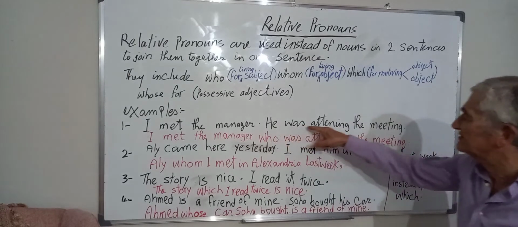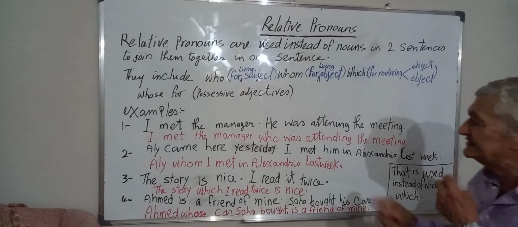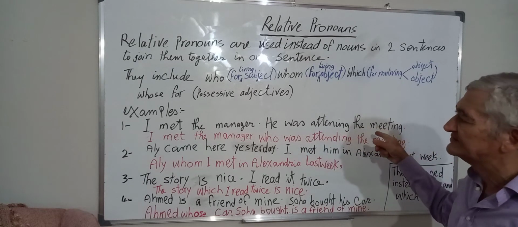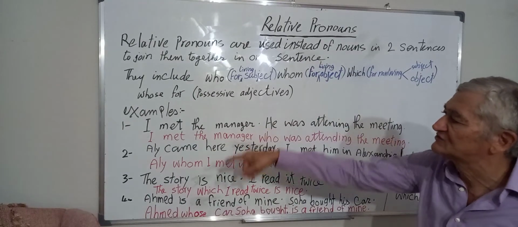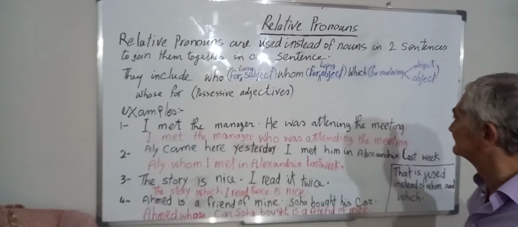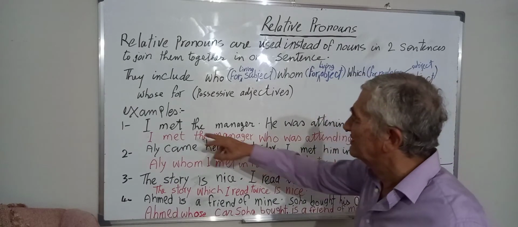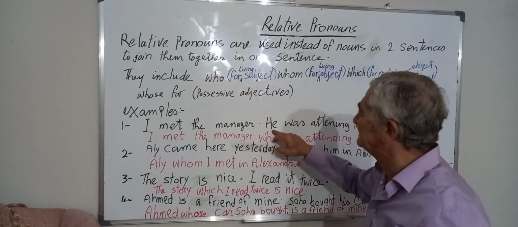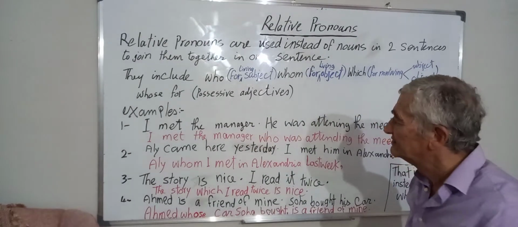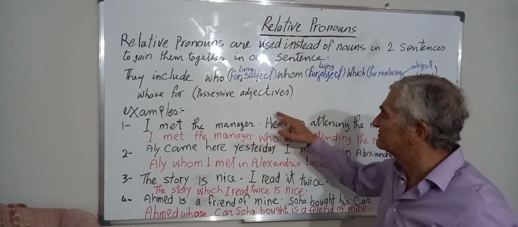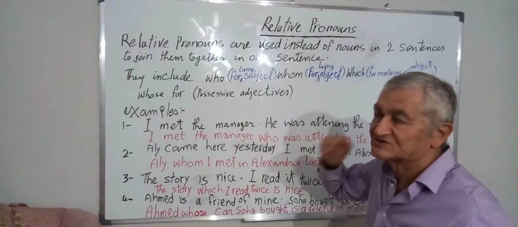I look at the second sentence and see which noun is mentioned or relates to a noun in the first sentence. I has nothing to do here. Met the manager. He refers to the manager. Okay? This is the repeated pronoun, it refers to the manager.